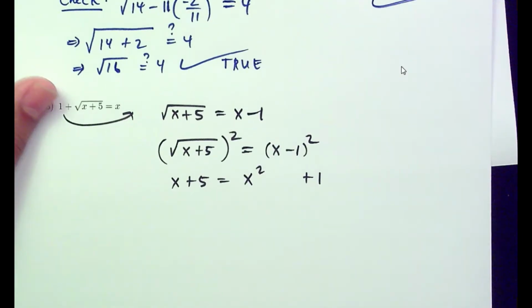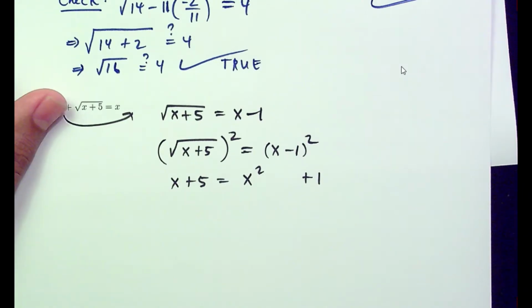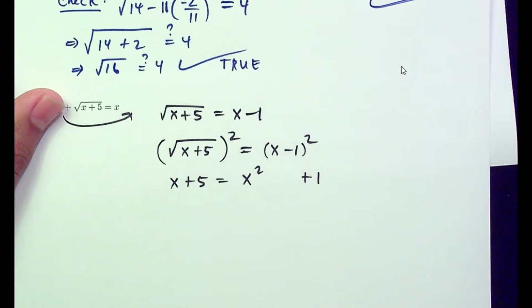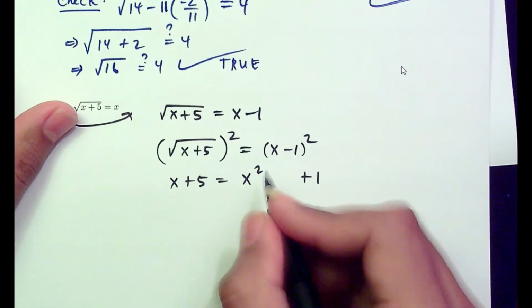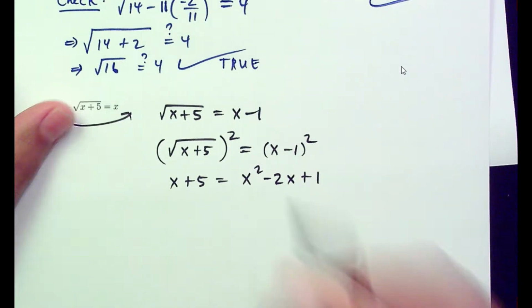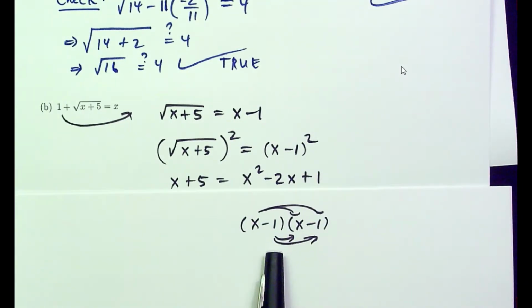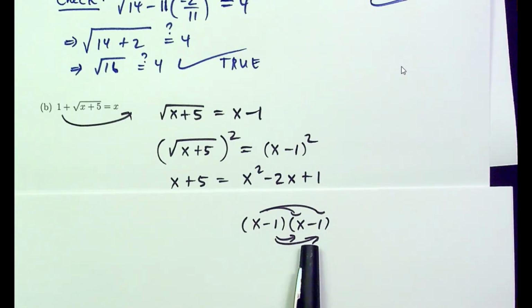So negative 1 squared is positive 1. And then there's a term in the middle, which is you multiply both of these. So negative 1 times x is negative x. And then you double that, so negative 2x. So minus 2x. Okay, and that's what you should have got if you do it the long way, writing it out twice and FOILing.